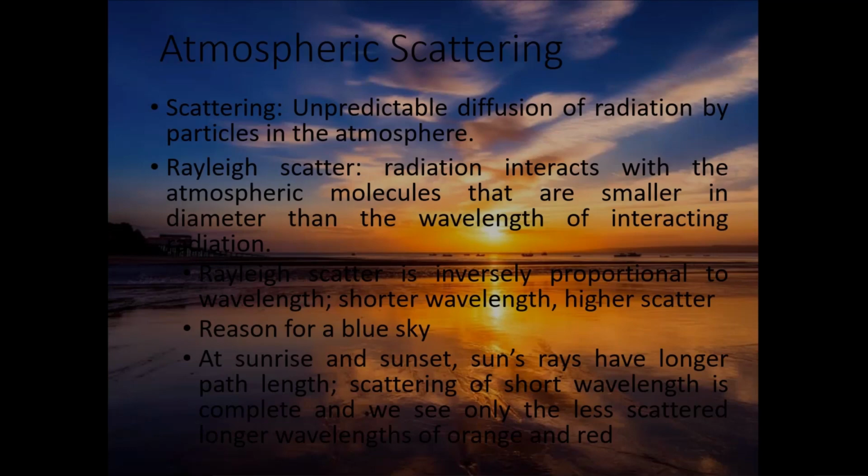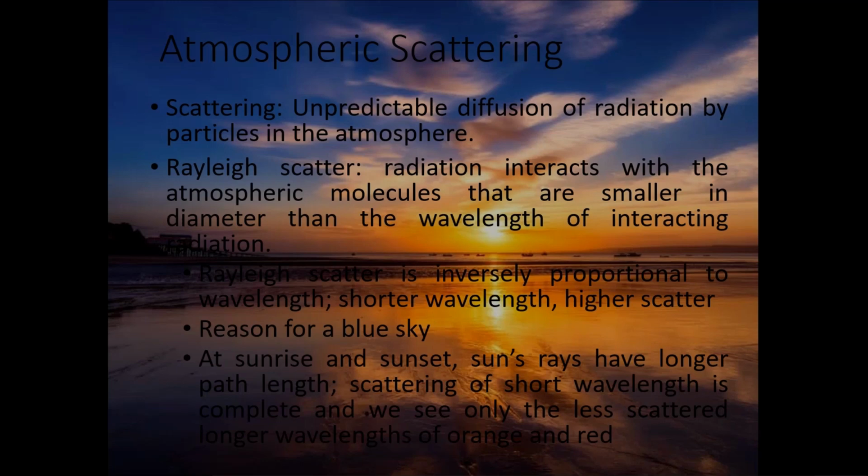There are basically three different types of scattering that take place. One is Rayleigh scattering, another one is Mie scattering, and the last one is non-selective scattering. You might have experienced all these different types of scattering. Do you know why the sky looks reddish or orangish during the early sunrise and during the sunset times?